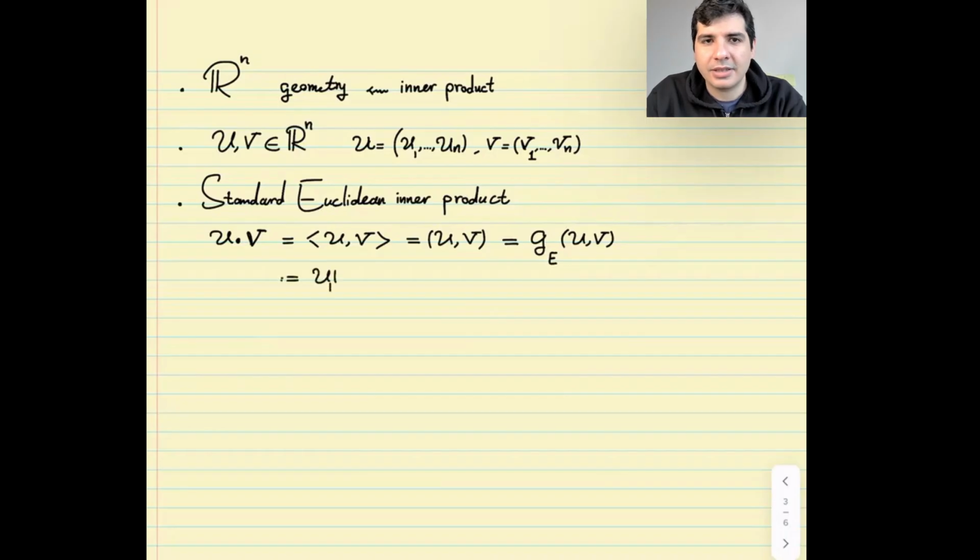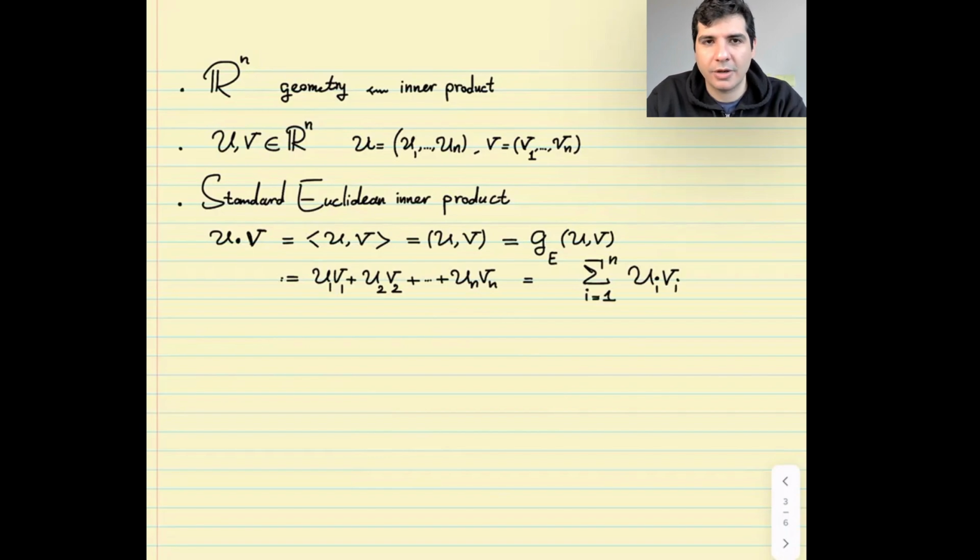This is essentially defined to be u1 v1 plus u2 v2 plus up to un vn. So this is the standard definition of inner product. It's the sum of ui vi, where the index i goes from 1 to n.